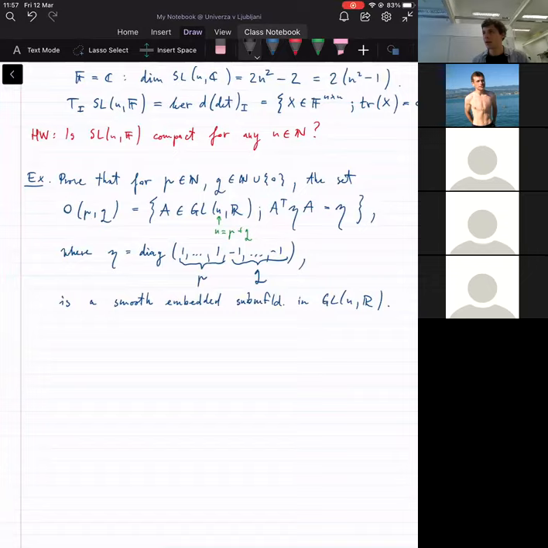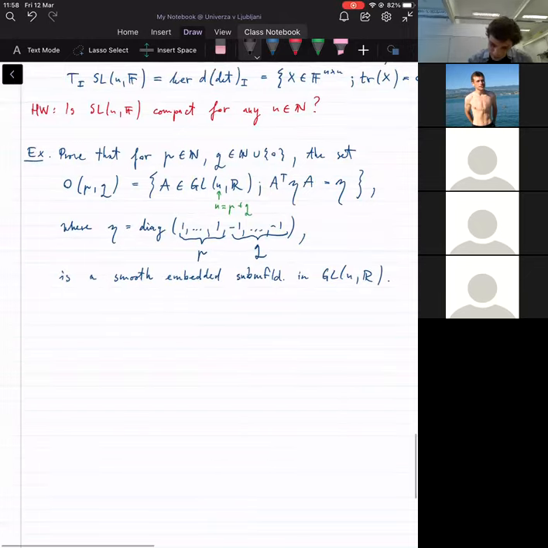So, do we have any physicists in the audience today? A couple, yes. Do you recognize what this is? For example, for p equals 1 and q equal to 3. Yeah, the metric, the Lorentz group, yeah, exactly.